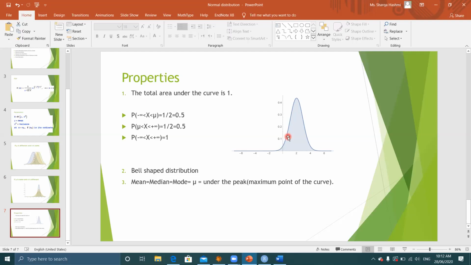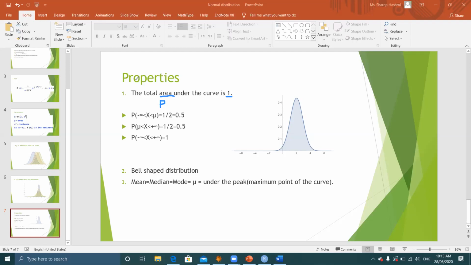Similarly, in the continuous distribution, the total area under the curve is 1. Area and probability are the same here. The word probability and the word area are the same here. So we can write it as sum of probabilities is equal to 1, or the total area under the curve is 1. So this is the first property.